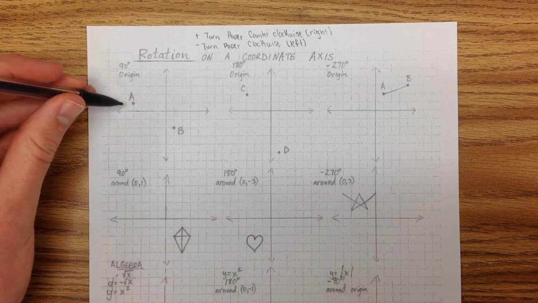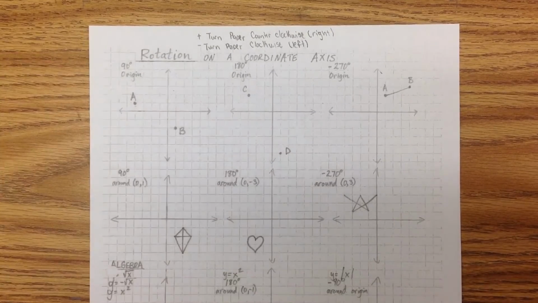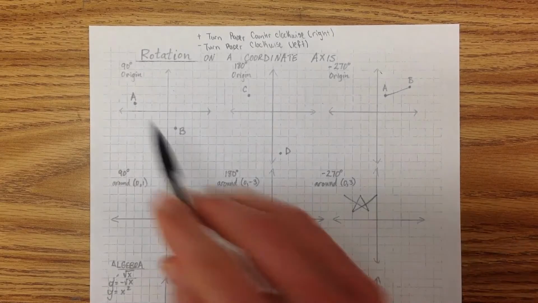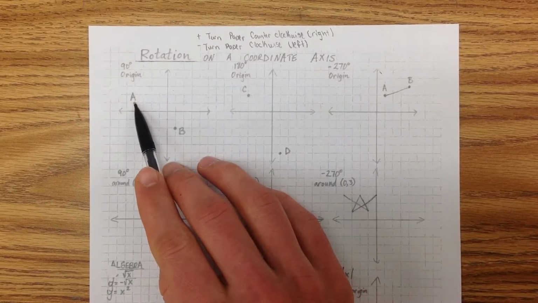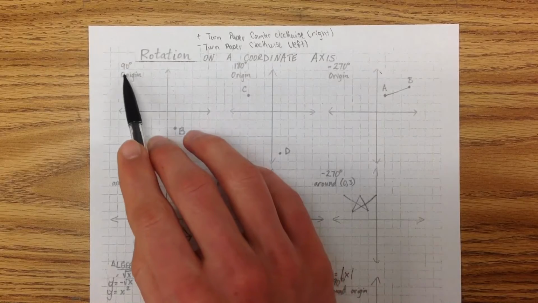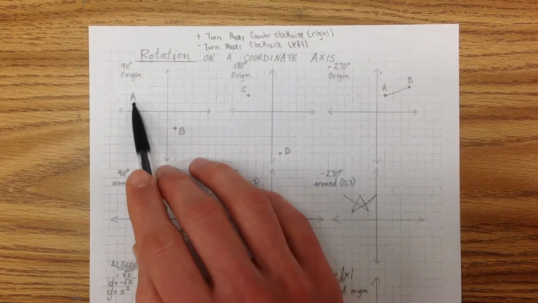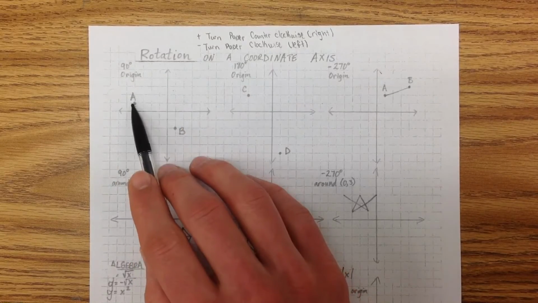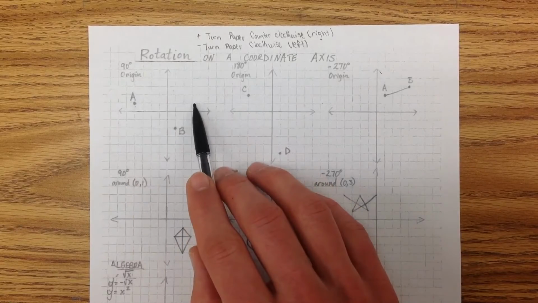If I want to rotate that 90 degrees, just imagine I would be moving this shape 90 degrees in this direction. Remember, positive means counterclockwise, and negative would be clockwise.